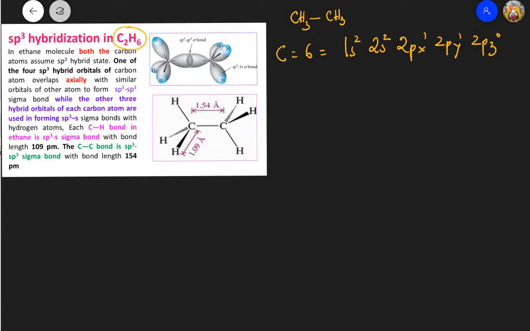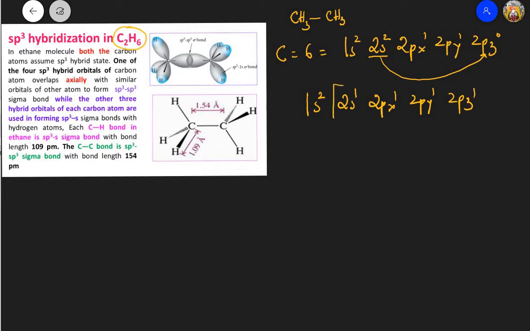During hybridization the carbon atom absorbs energy, and as a result one of the electrons present in the 2s orbital will be promoted to the 2pz orbital. Therefore I can now write 1s2, then 2s1, then 2px1, 2py1 and 2pz1.